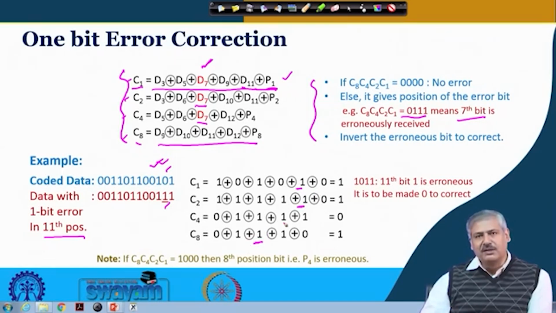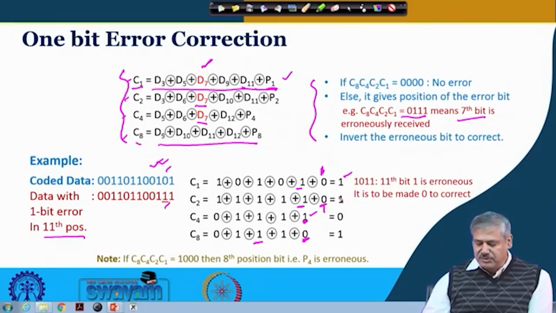Now this has become 1, and the parity bit got added, okay. It is not there with this one, D11 is not there. Now if you do the XORing operation, you can see 1, 1, 1, 3 ones are there, so the output will be 1. This is your P1, this is P2, this is P4 and this is P8, okay.